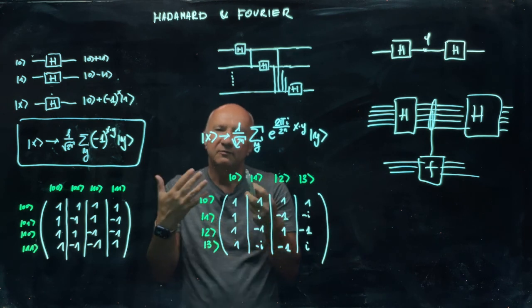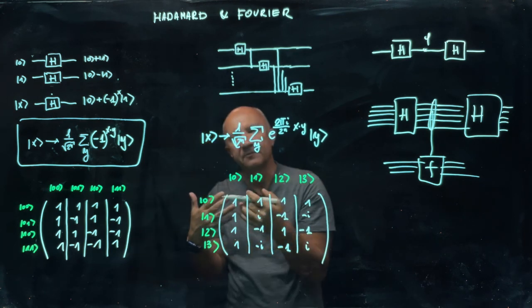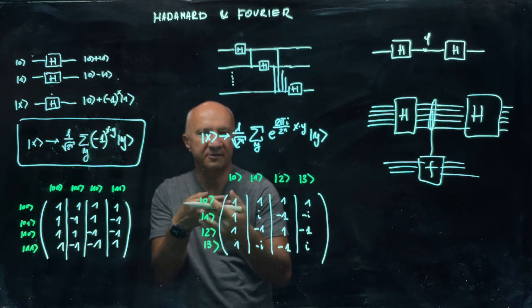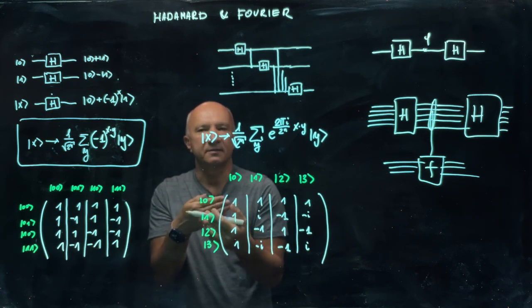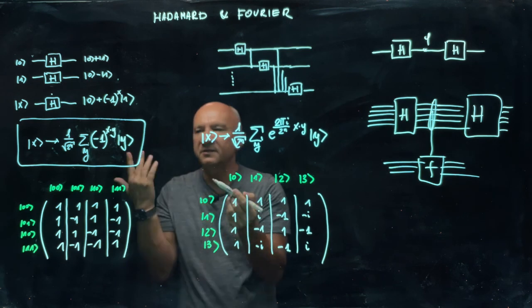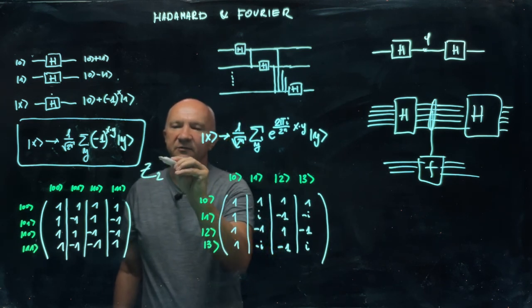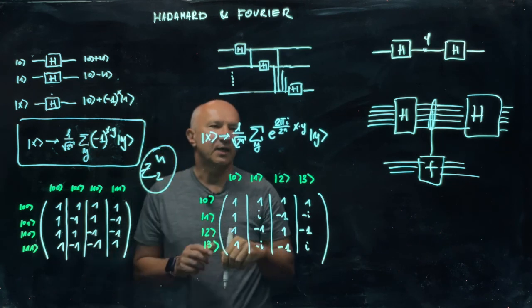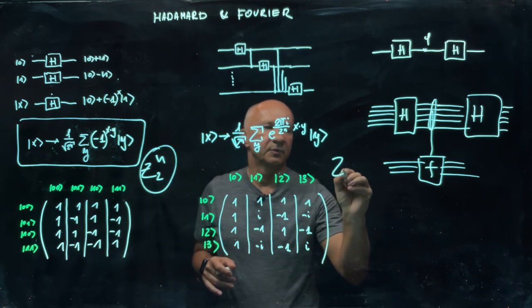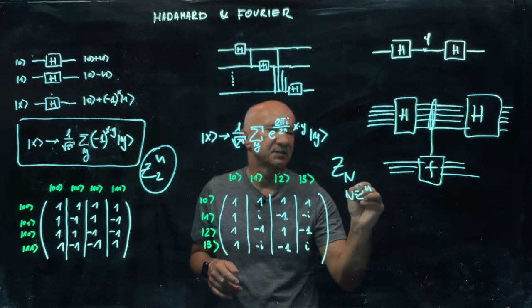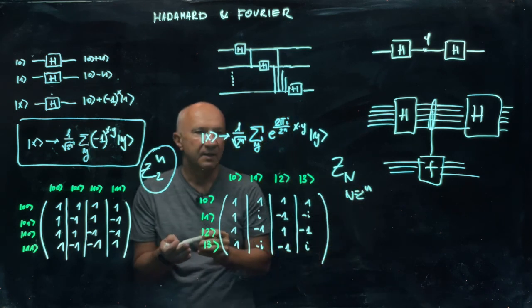So you now are giving some meaning to your binary strings, and the underlying algebraic structure that you are going to operate on is different. In this case, for example, we are talking about the group Z_2^n, and here we are talking about group Z_N. N is usually some power of 2.